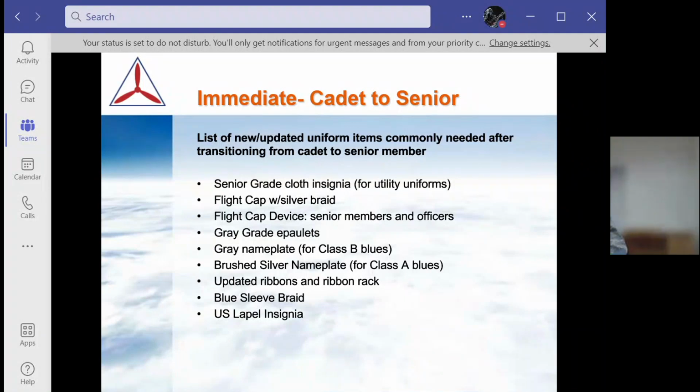What about NCOs? NCOs still wear the same flight cap device as the officer. Okay. So that's to distinguish senior member versus cadet.